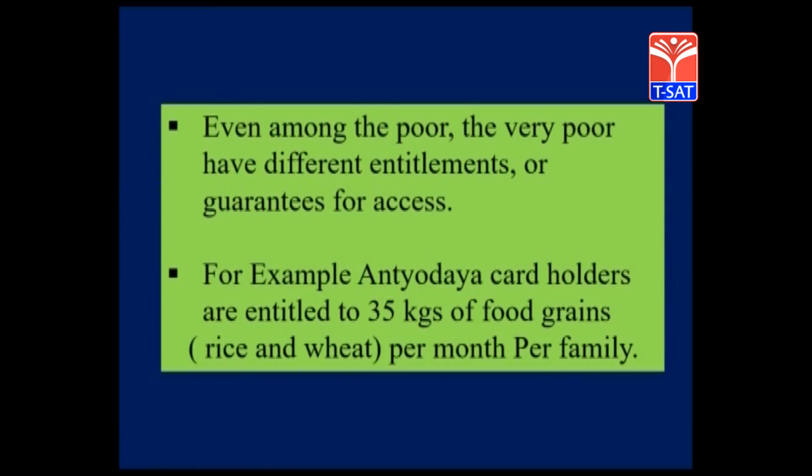For example, here Antyodaya card holders are entitled to get 35 kgs of food grains, rice and wheat per month per family. Why is this done? Because some families are poorer than the poor people. They don't have any income sources. There may be old age people or destitute women. For such families, the Antyodaya card system has been implemented in these states of South.